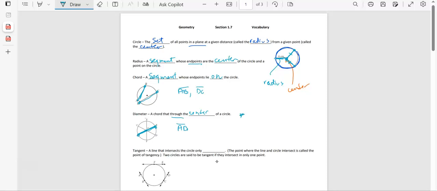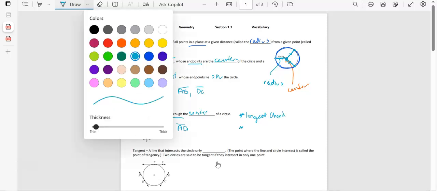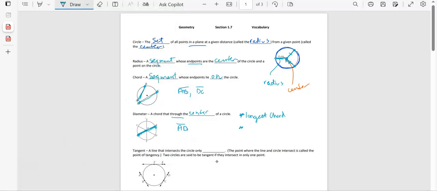First of all, they are the longest chord. And what is their relationship with the radius? So if we look here, a radius goes from the center to one point on the circle. And then if we do the opposite direction, we would notice that the diameter is twice as long as the radius.